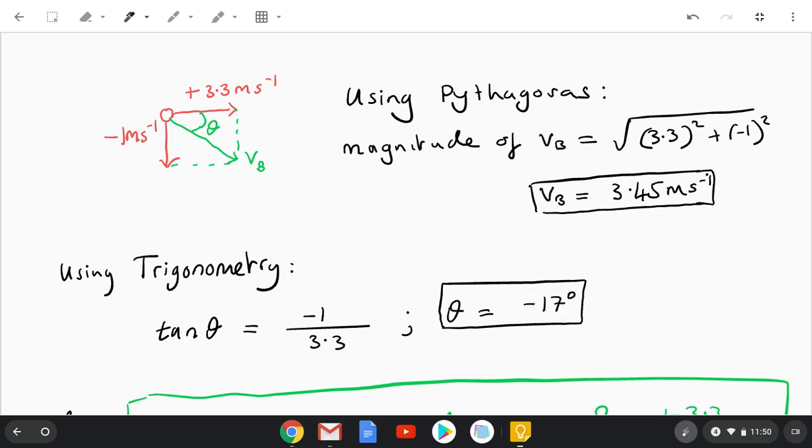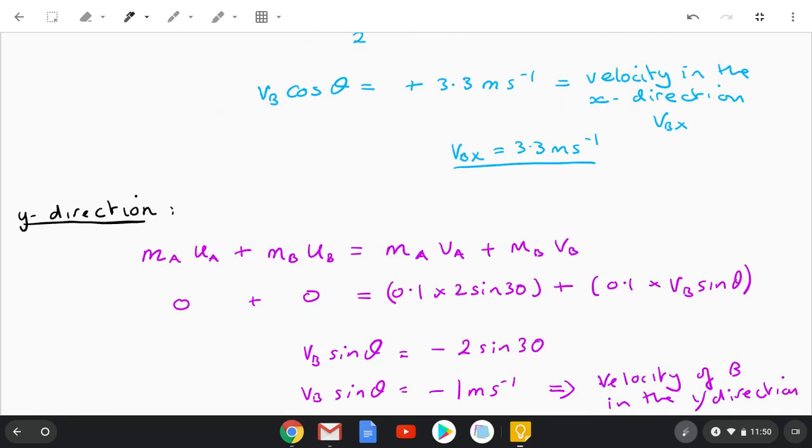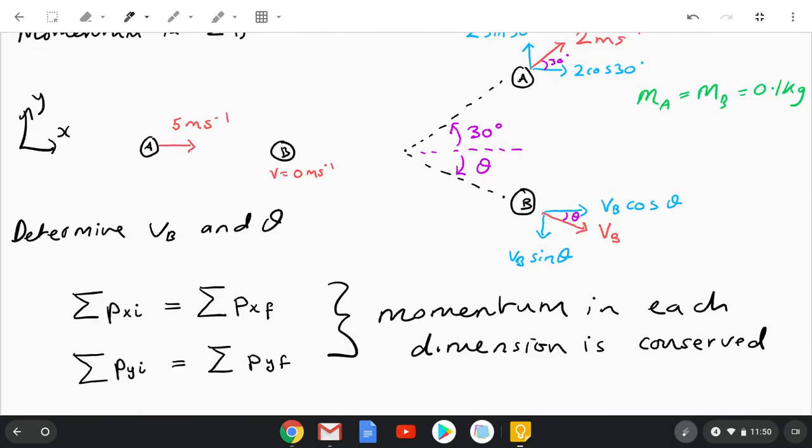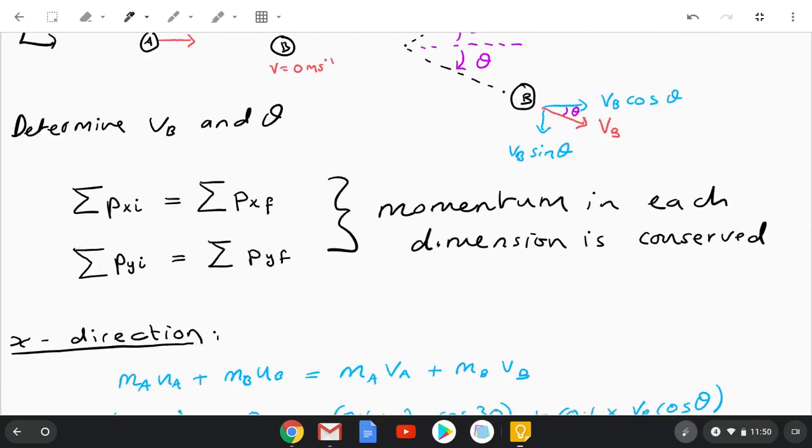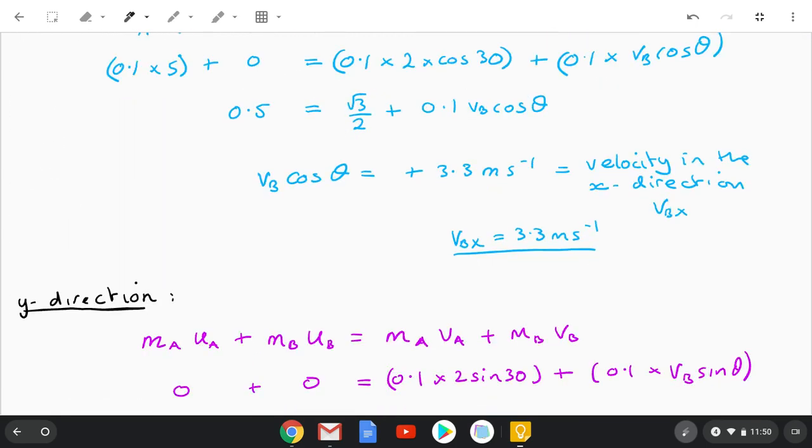So what's the significance of this minus sign for the angle? We can see that there's positive 30 degrees when we go anti-clockwise, and clockwise below, in the opposite direction, will of course be negative.